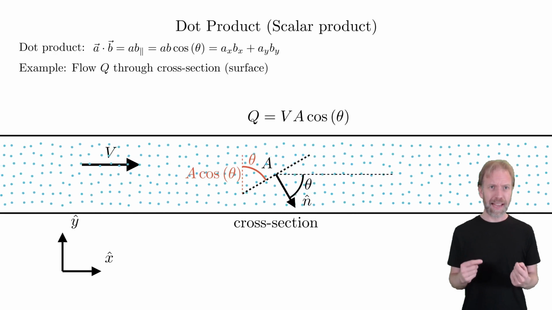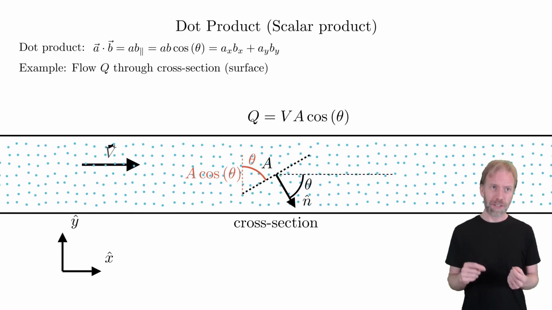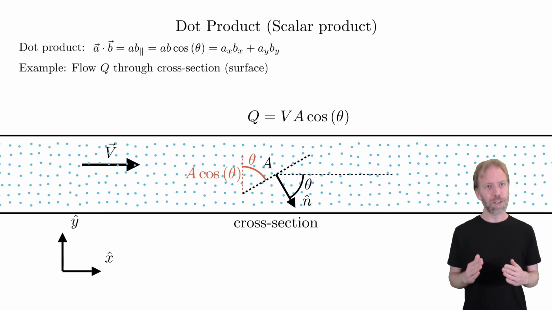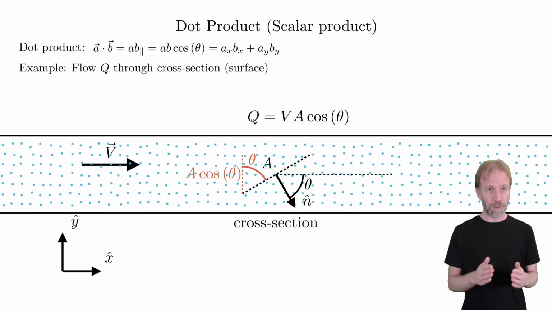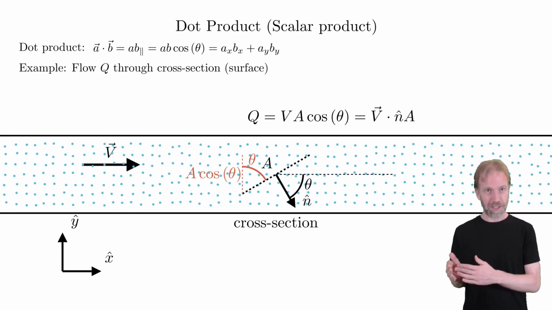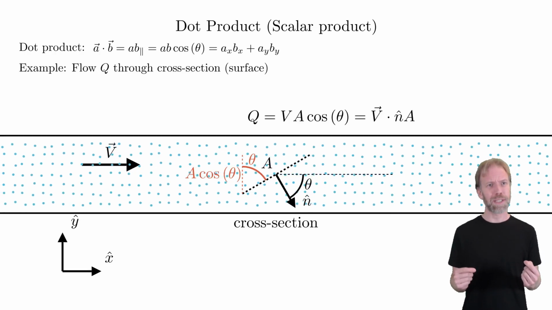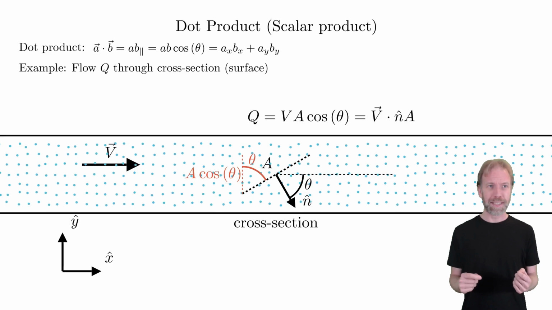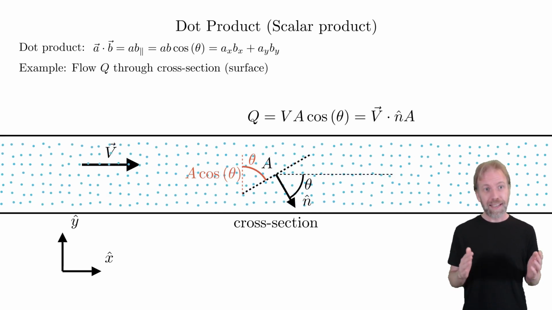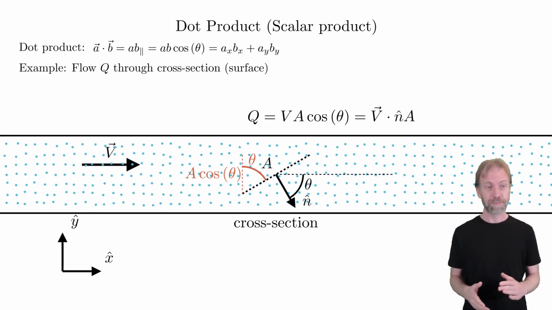As theta is the angle between the normal vector and the velocity, we find that the flow is the dot product between the velocity and the normal vector, multiplied by the area of the surface. I hope these two examples show that multiplication with a parallel part of vectors is commonly occurring in physics.